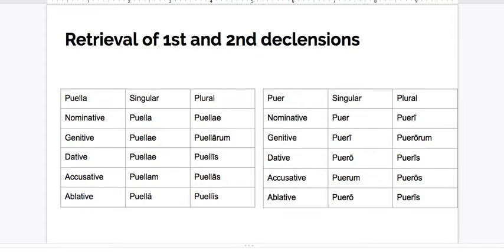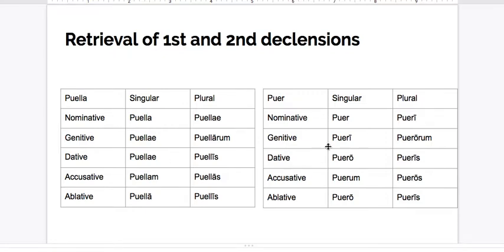Here are the forms. Puella, puellae, puellae, puellam, puella, puellae, puellarum, puellis, puellas, puellis. Puer, pueri, puero, puerum, puero, pueri, puerorum, pueris, pueros, pueris. This is first declension, and the only set of endings that puella, feminine, has are these endings.